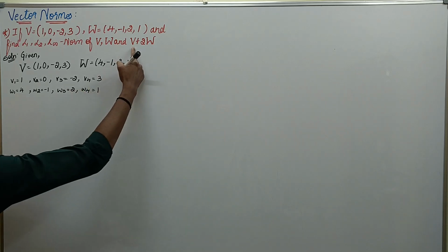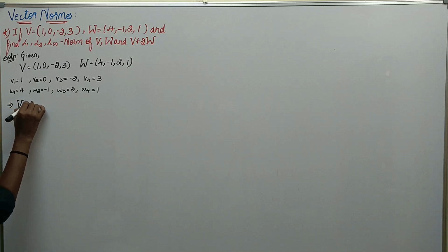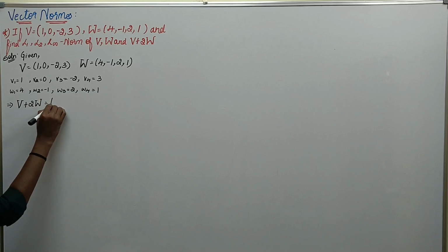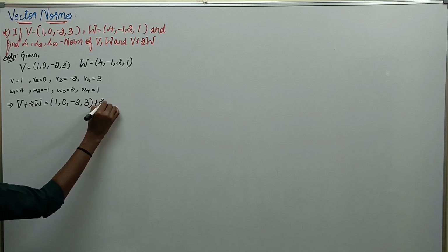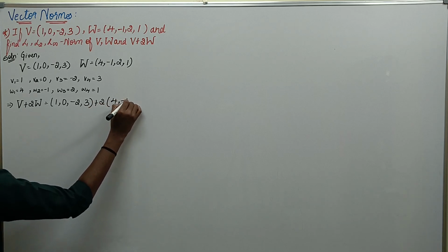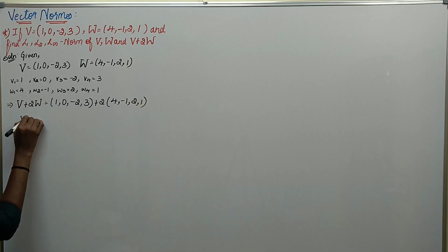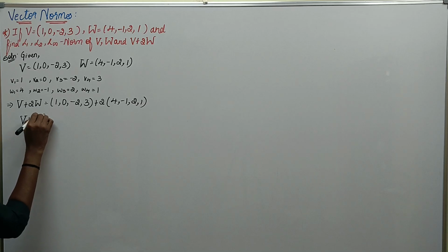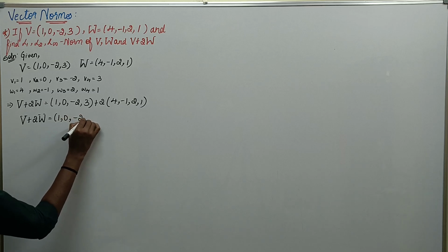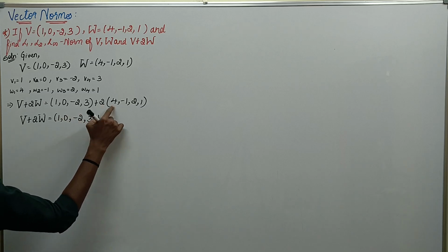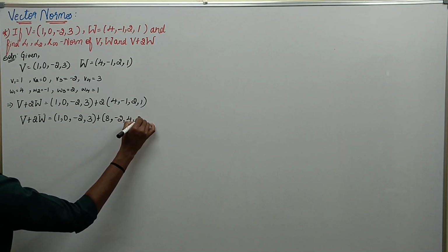Done. Now we are supposed to find V plus 2W, which will be equal to, what is V? 1, 0, minus 2, 3 plus 2 into W, 4, minus 1, 2, 1. Then V plus 2W, which is equal to, you can simplify, 1, 0, minus 2, 3 plus 2 fours are 8, minus 2, 4 and 2.